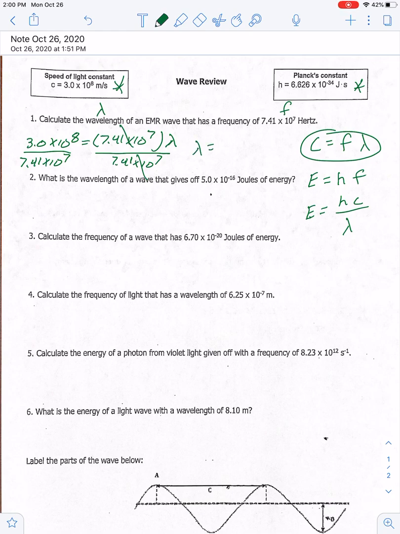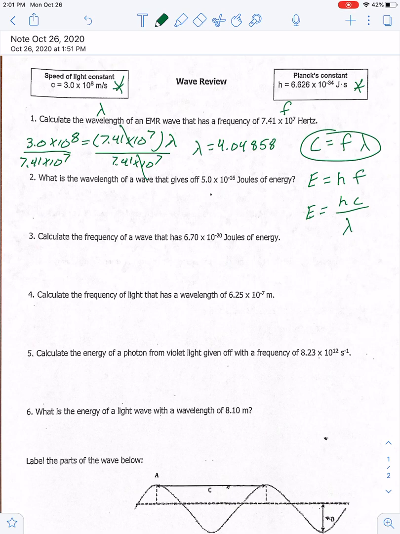So we get 3.0 times 10 to the 8th divided by 7.41 times 10 to the 7th. And my answer is I get 4.04858. Okay, so this is where you got to count sig figs.